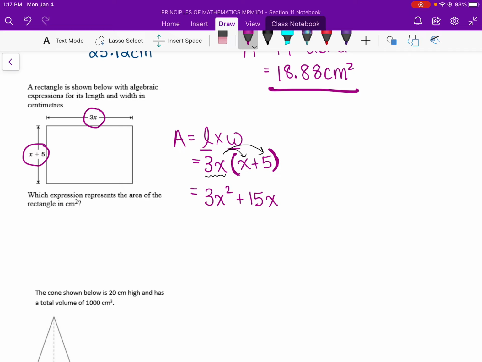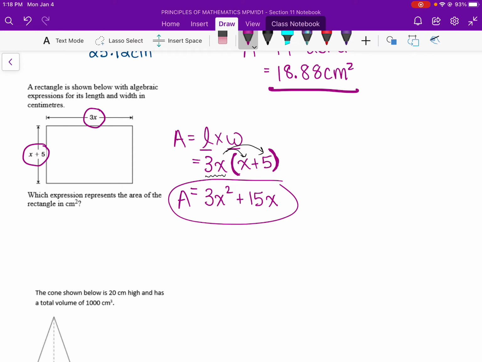And then we can't add those things together because they're not like terms. This one has a squared and this one doesn't. So we actually just leave it like that. So that would be the area of the rectangle. Cool, so that's like a combo measurement algebra question.